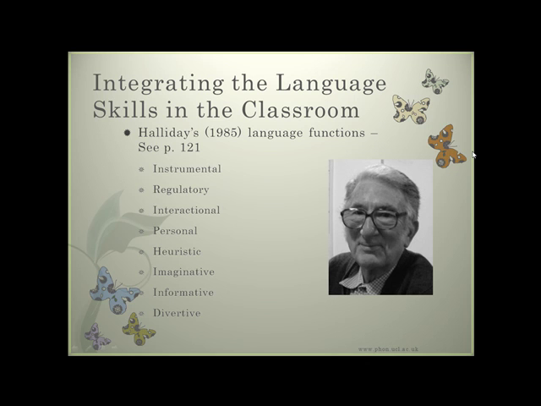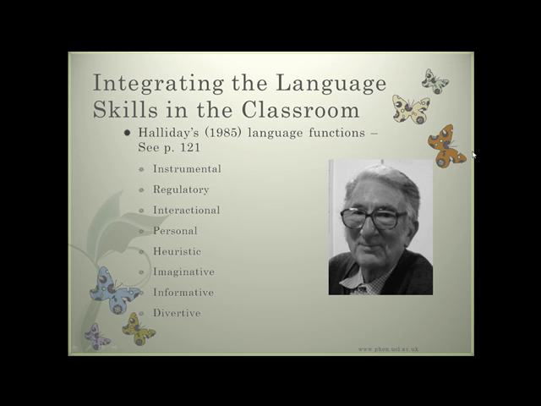Instrumental is the kind of language that we will use to express our needs. So our students will say things such as, I want to eat, I am hungry, I need to go to the restroom. With regulatory, we're basically telling others what it is that we want them to do. So you would often hear your students say things like go away, come here, don't come back, etc.